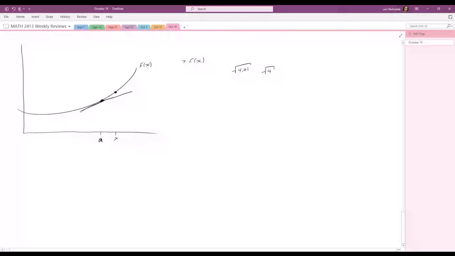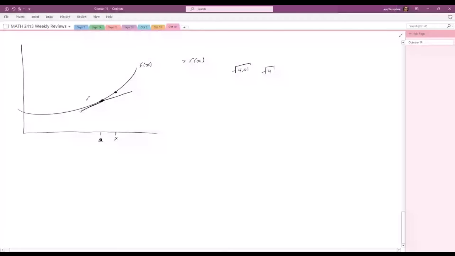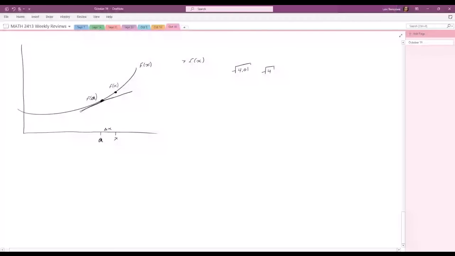So basically, the idea of differentials is if we have a known point at A, so we know the value of f of A, we're trying to approximate the value of f of x. The distance between A and x, we're going to call delta x. And then we're going to call this little distance delta y.